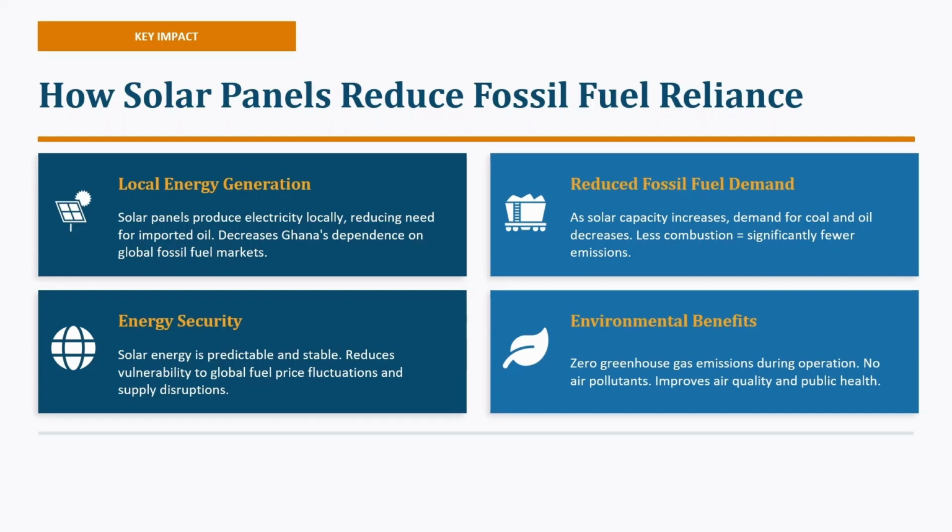It's going to help us achieve energy security, because our energy supply will not depend on global fuel price fluctuations, and so we'll have energy security in that sense. So that's how solar panels are going to reduce our fossil fuel reliance.